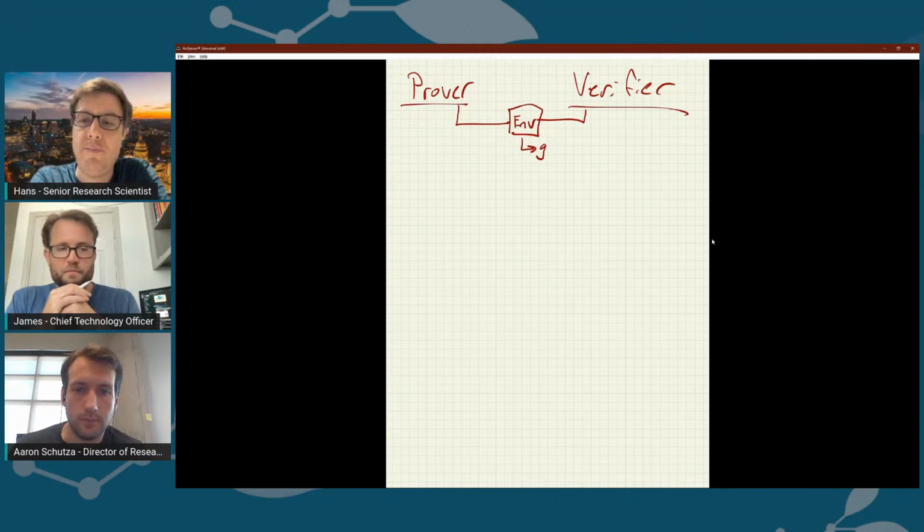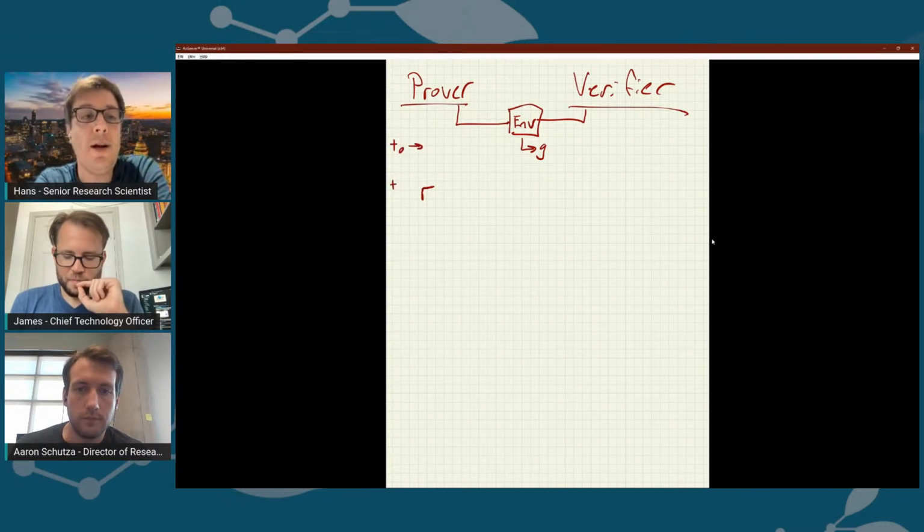So that's step 0. Now the prover has some secret value, which is little r. So this is time t naught. And little r is the value that they want to prove to the verifier. First they create what's called a commitment.